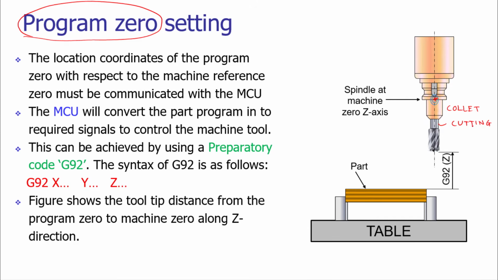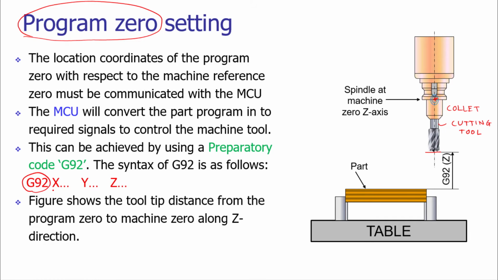So this information is to be fed, is to be entered inside the MCU, and with respect to the tool tip of the cutting tool, we have to set the offset distance with the cutting tool tip and the part. So here, to carry out this exercise, we are using a command that is G92.